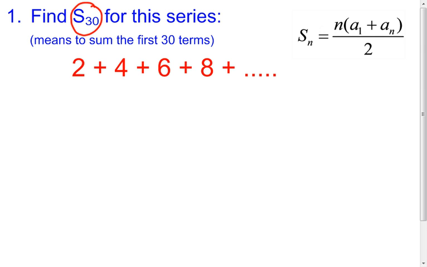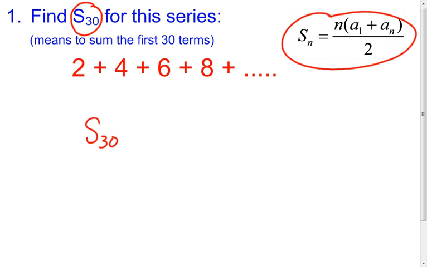Okay, so I will use this formula that is up here. I want to find S30. Notice I have 30 down there for n, which basically means that I want to add up the first 30 terms. I have the first 4 listed, and I will not let you just write 30 terms out and then add them all up. I'm going to make you use formulas.